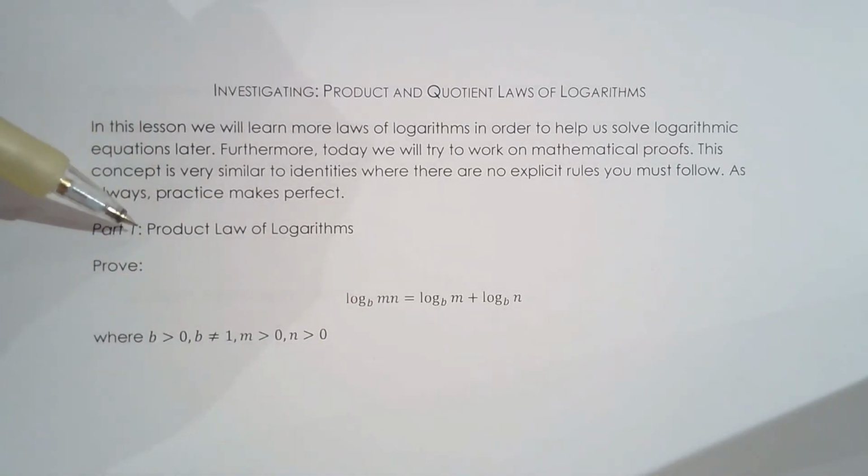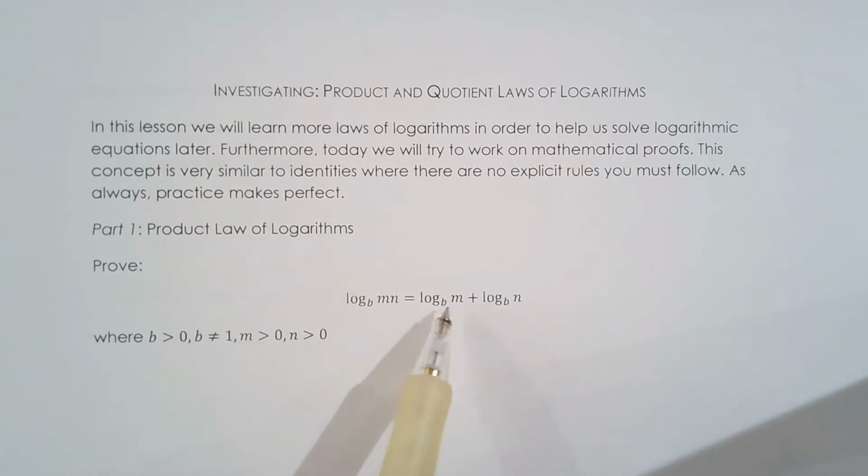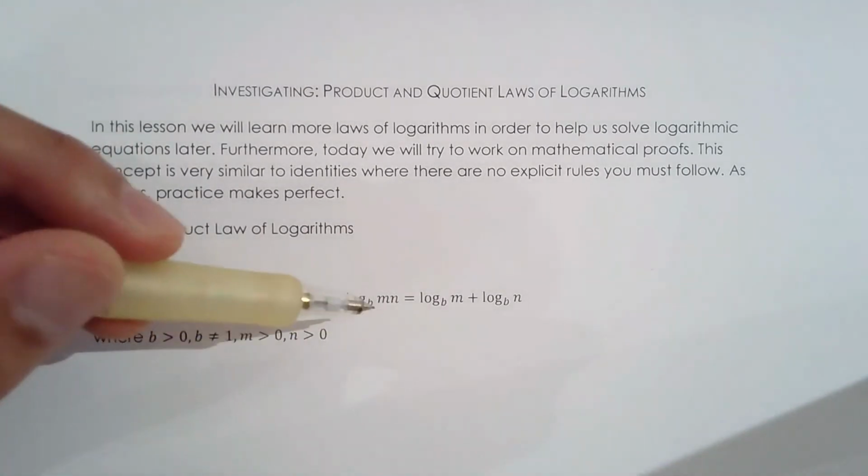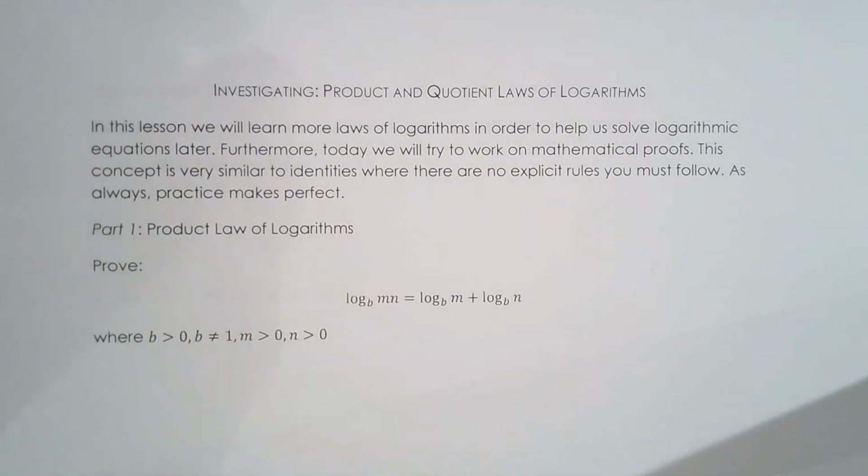The product law of exponents states that if you multiply two powers with the same base, you add the exponents. So if you look closely, you can already see that they are related, because a logarithm is an exponent, so you're adding the two exponents. It's already seeing, hey, it's very similar to what you did in grade 9.